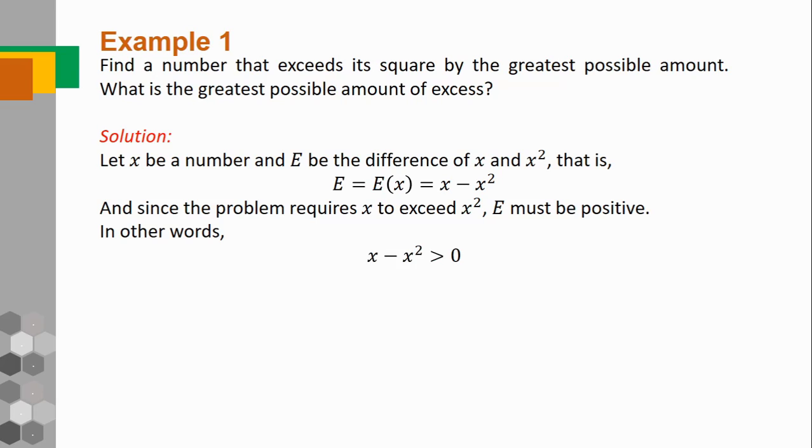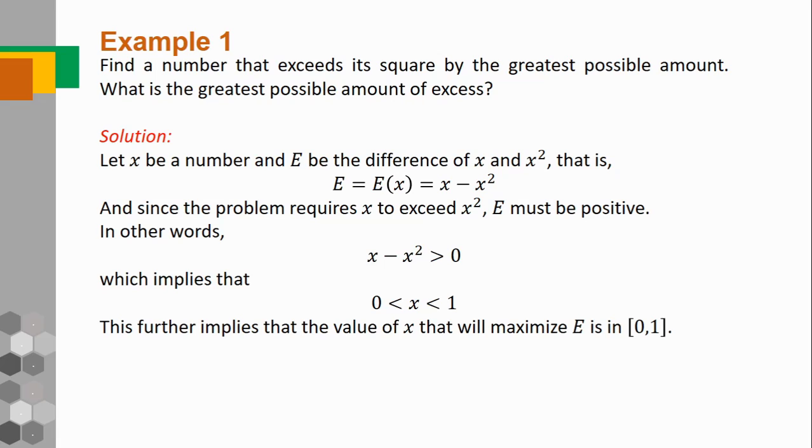In other words, x minus x squared must be greater than 0, which implies that x is between 0 and 1. This further implies that the value of x that will maximize e is in the closed interval 0, 1. And since e of x is continuous on the closed interval 0, 1, such a value exists.